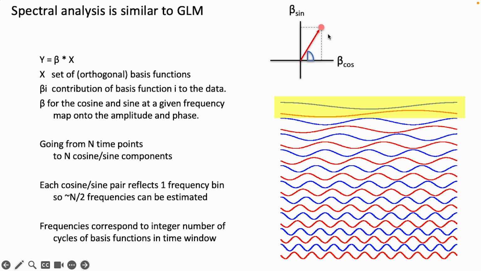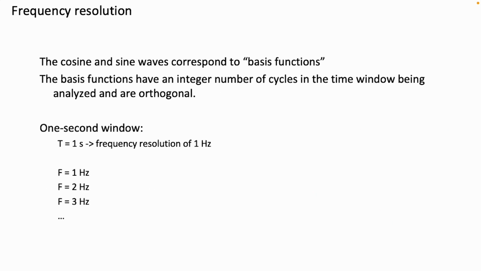This arrow has a length and a certain angle. It's this length and angle that represent the phase and the amplitude of a certain frequency. So the cosine and sine waves correspond to these basis functions, and the basis functions have an integer number of cycles in the time window that's being analyzed, and these basis functions are orthogonal.